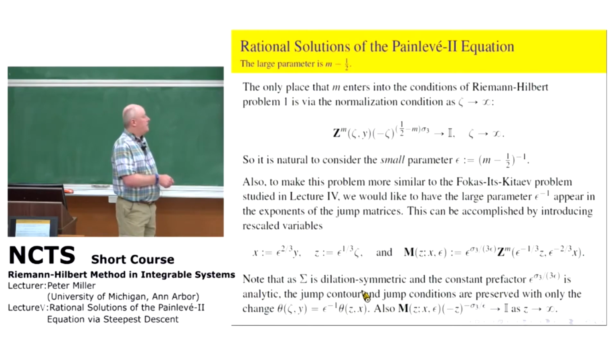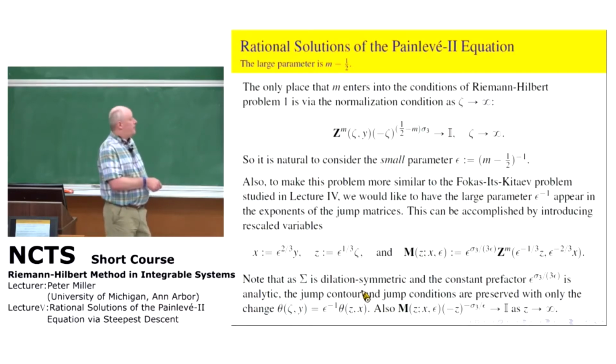So the jump contour and the jump conditions are preserved, but the only change is that everywhere that we had theta of zeta, y, we just write out what that is in terms of these quantities, and that's 1 over epsilon now times theta, the same cubic, but now evaluated at z comma x. So we pick out a 1 over epsilon in the exponents of our jump matrix. Also, the normalization condition looks the same now, written for M and z as it did for Z and zeta. That's a consequence of using this factor on the left.